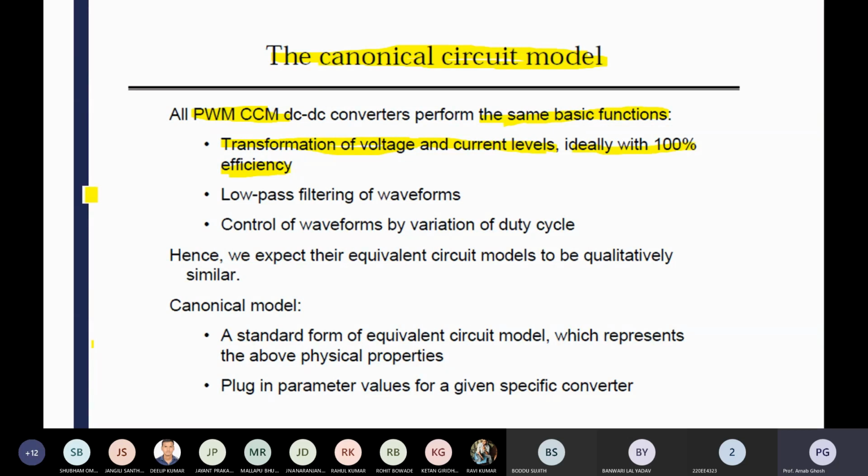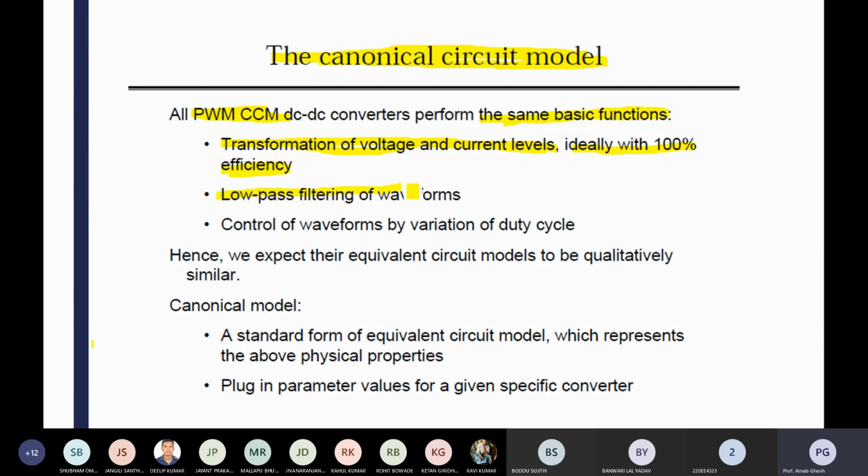You can go back to those slides or that lecture to understand. The efficiency is nearer to 100% in switch mode power converters, beyond 95%. Ideally it is 100%, but practically it is beyond 90%. That is another benefit of choosing switching circuits: the transformation of voltage and current level, ideally with 100% efficiency.